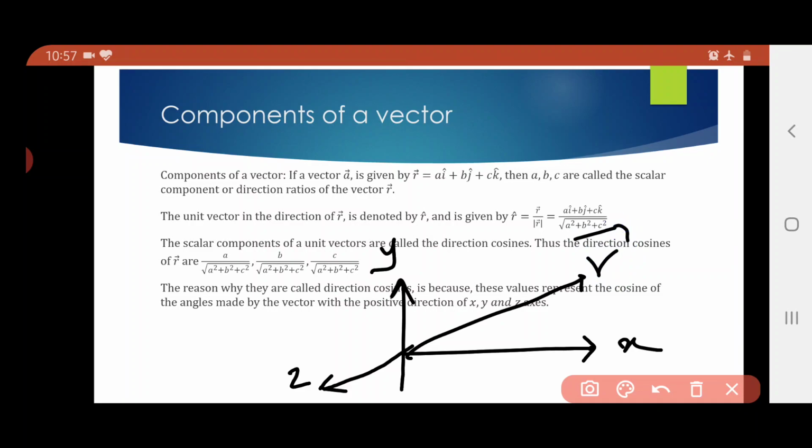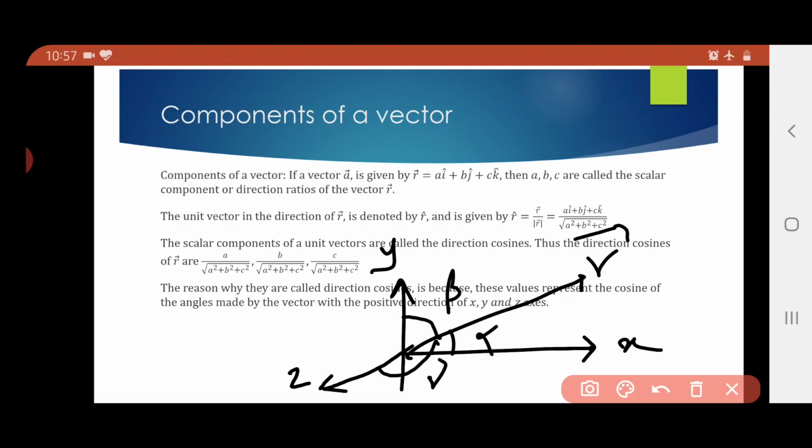Then this r vector is going to make some angle with the x, y and z axes. Let this angle be alpha, this angle be beta, and this angle be gamma. Now the third angle, the gamma angle, doesn't seem like it is there, or rather the angle looks a little oblique. For the spatial arrangement, this third angle we can't represent by a drawing on a 2D plane.